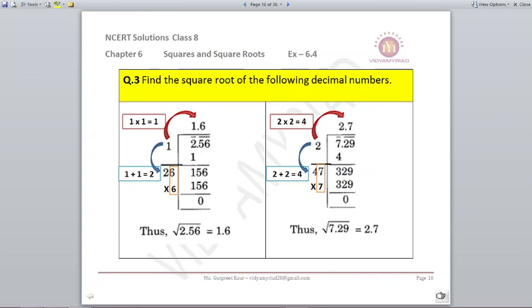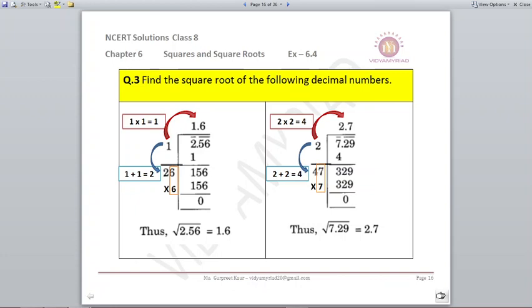Now the number given to you is 2.56. So decimal left hand side only 2 is there, so single line, and decimal right hand side we have 56, so I will make one pair of 56. So we will do it in the same way. I am not writing the squares here. By now you must have learnt these squares, so we will quickly do it. So nearby 2 will be 1 into 1, and 1 plus 1 is 2.